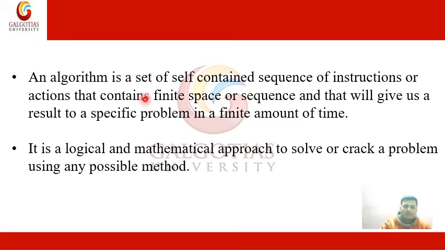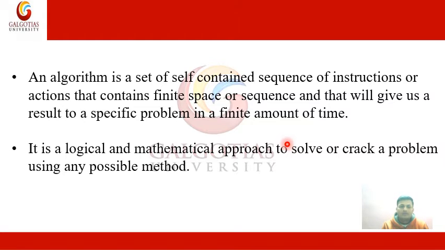This definition is satisfying all the properties of algorithms. It says a finite amount of time, so the algorithm should be finite: the number of steps, the time taken, or the space taken should be finite. Next, it says sequence of instructions. There should be a sequence of instructions, or a well-defined collection of statements. It also says results, and results means output.